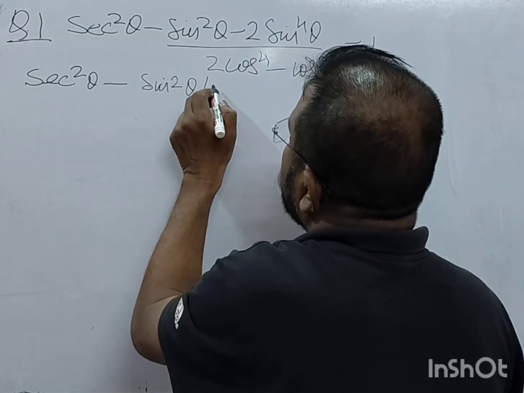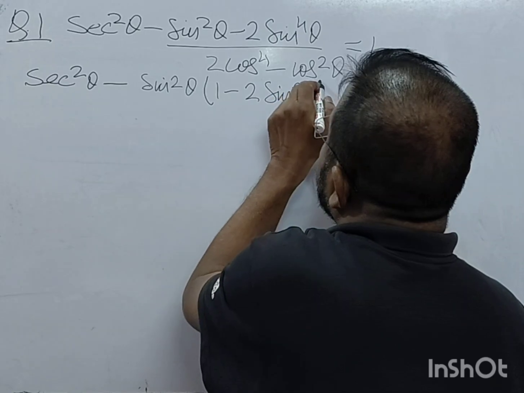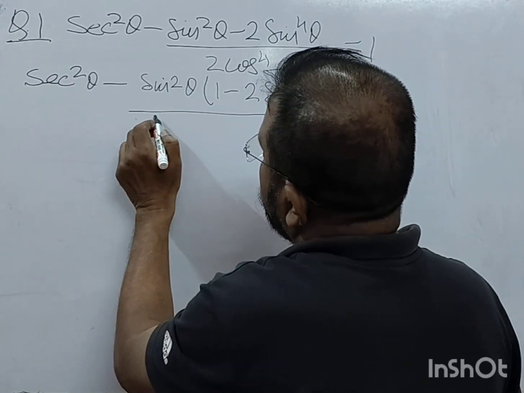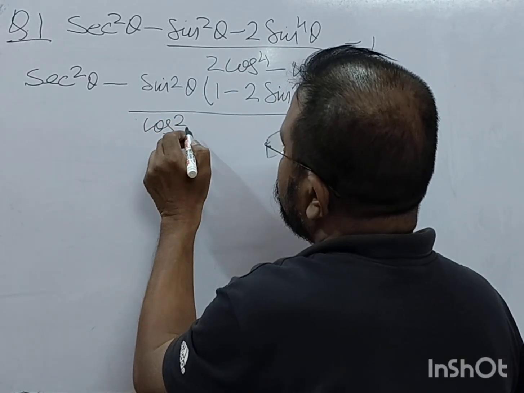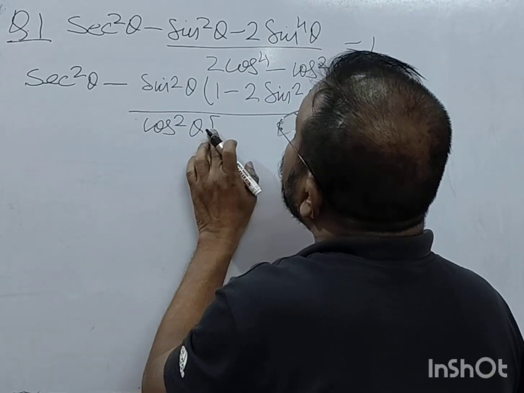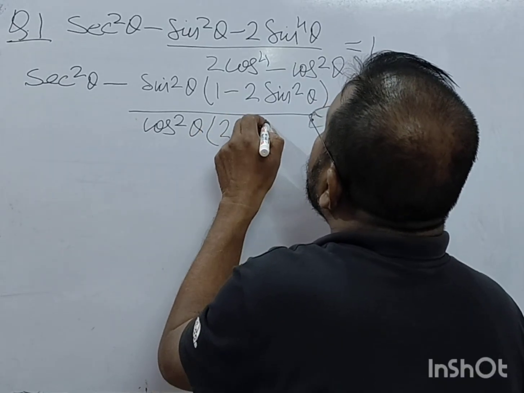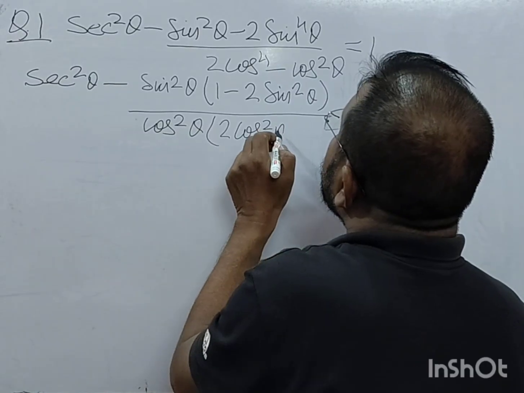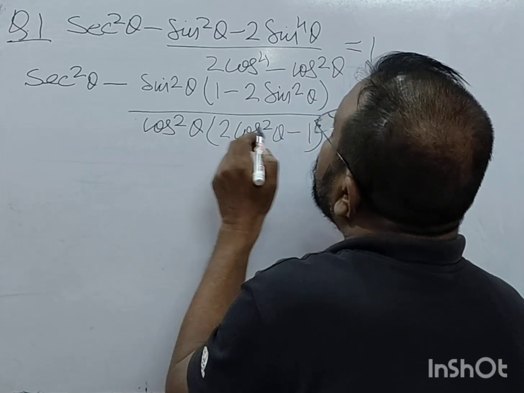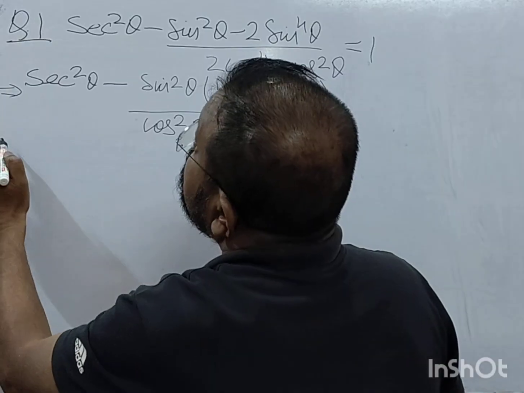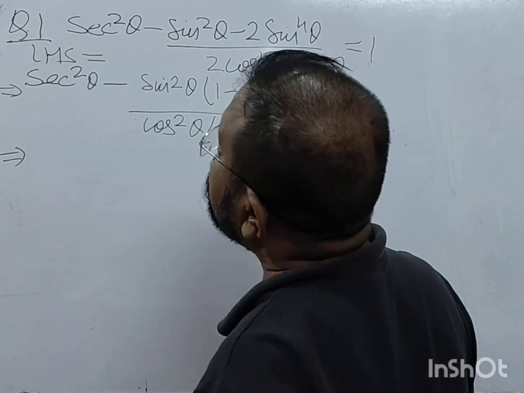You have taken the bracket 1 minus 2 sin square theta upon cos square theta, bracket 2 cos square theta minus 1. Now this is the LHS, right?